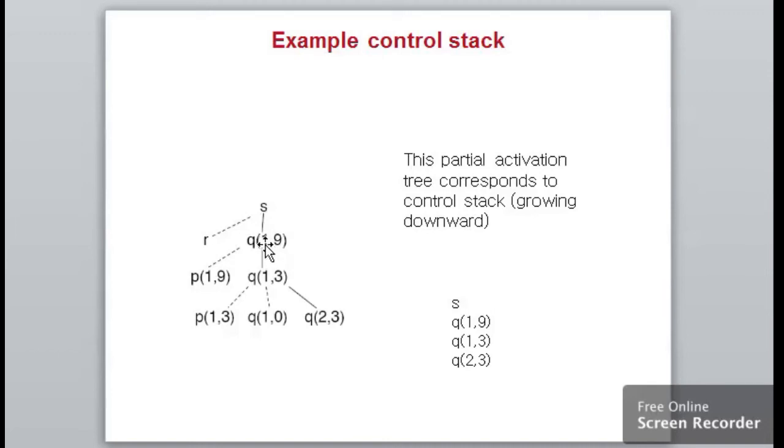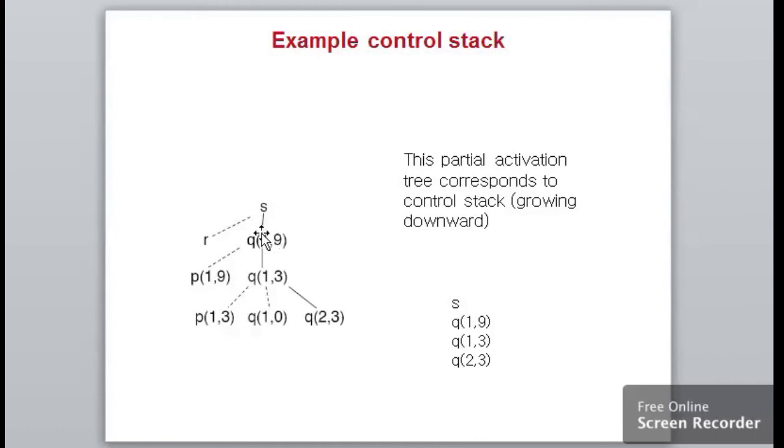P was invoked by Q. After its execution was completed, it returned to Q. Again it invoked P and Q. So this is going to be in activation, and all the other executions have been completed.